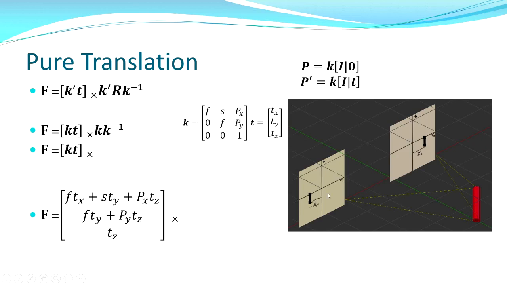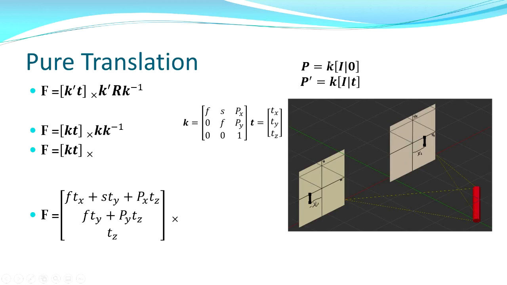Let us see what relation between the coordinates over here and the corresponding coordinates over here will be for this particular case. So we have derived this equation in our previous slide. Now just putting in the special things. For this special case, say P is for this camera.